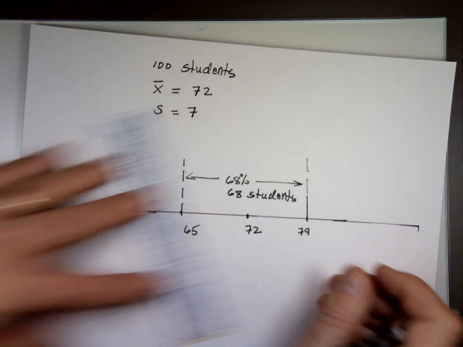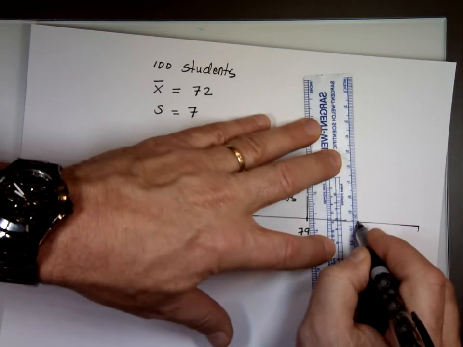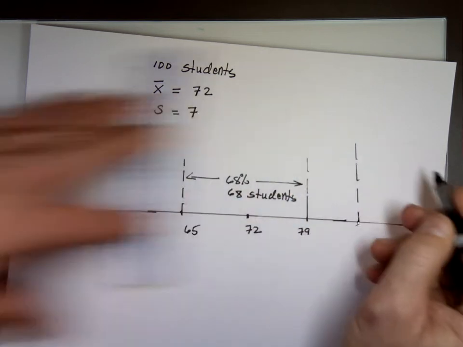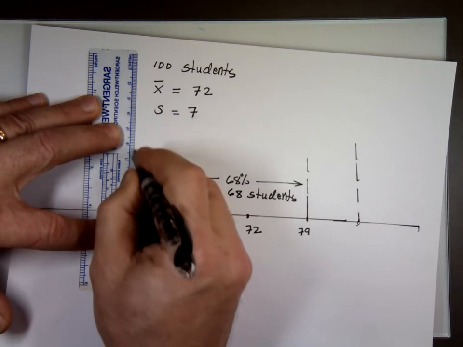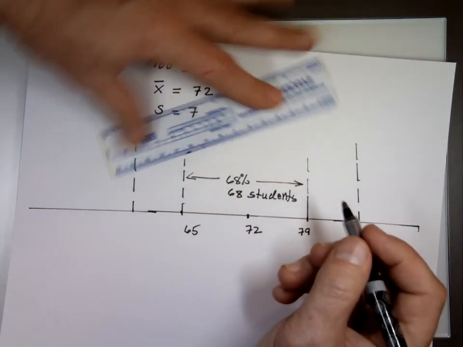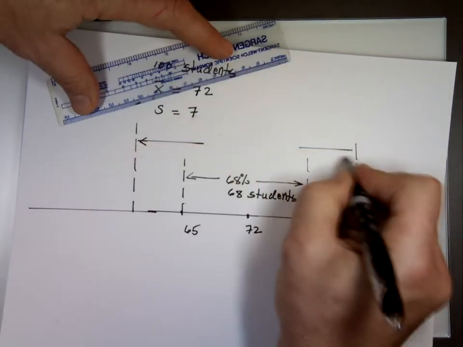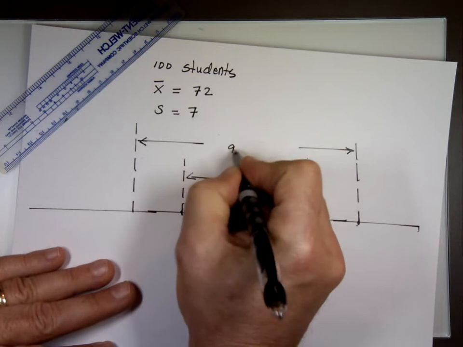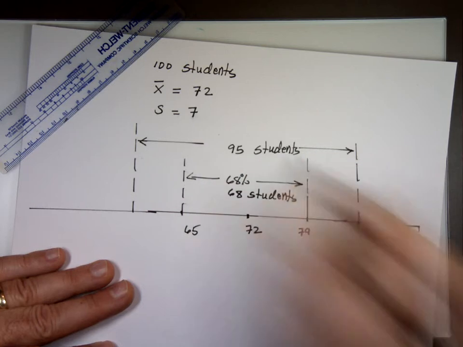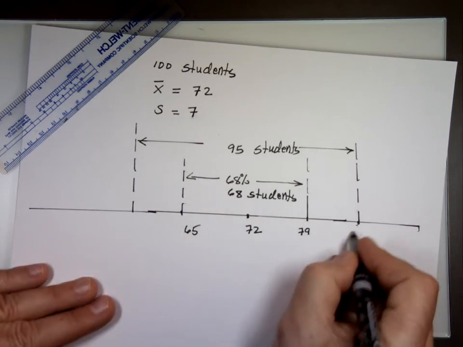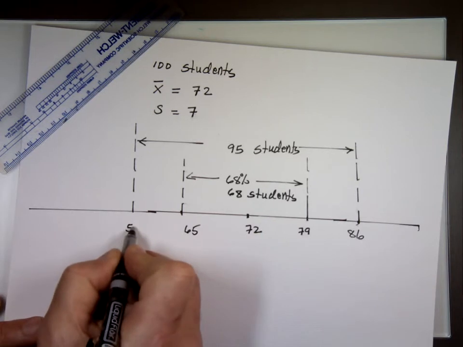Now, 95% of the students in the class scored between what values? 2 standard deviations. That's 95 students out of the 100 scored between, let's add 7 to this, which is what? 86. Take 7 from that, which is what? 58.